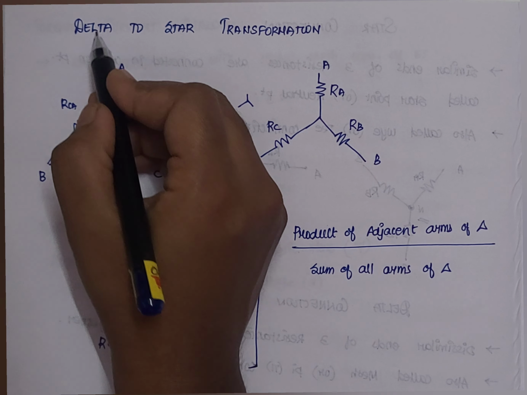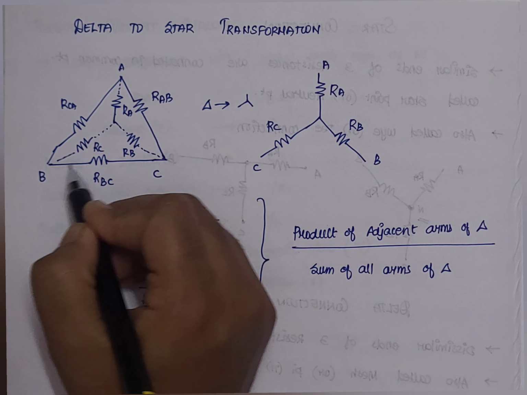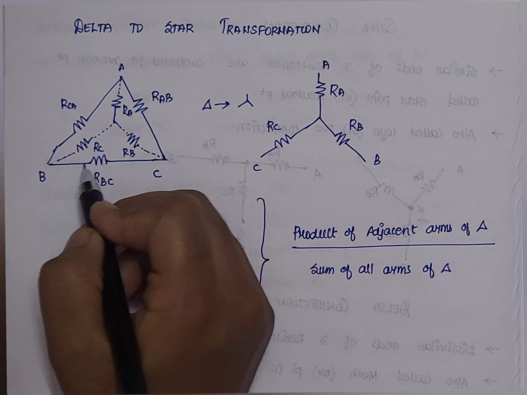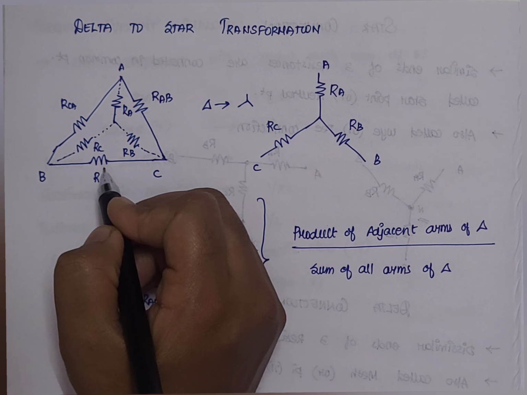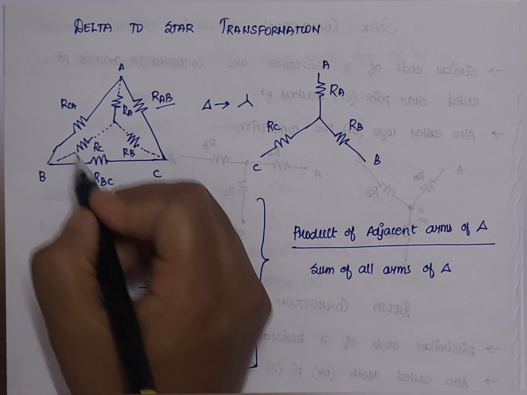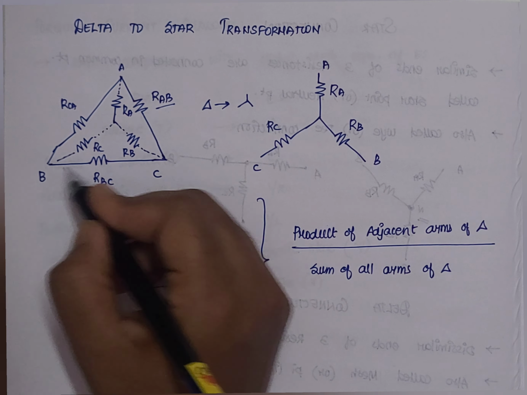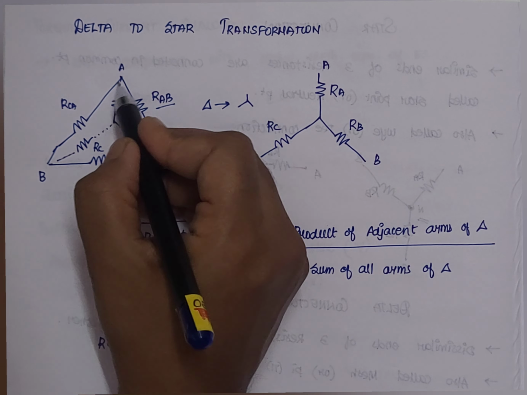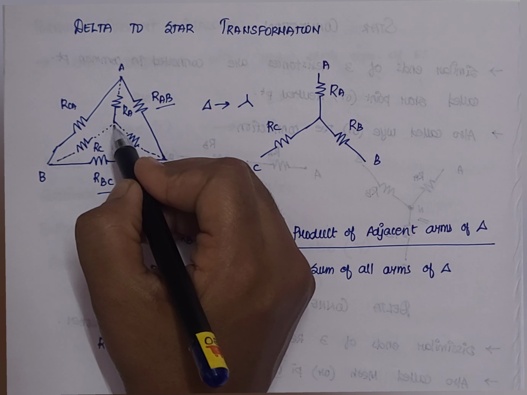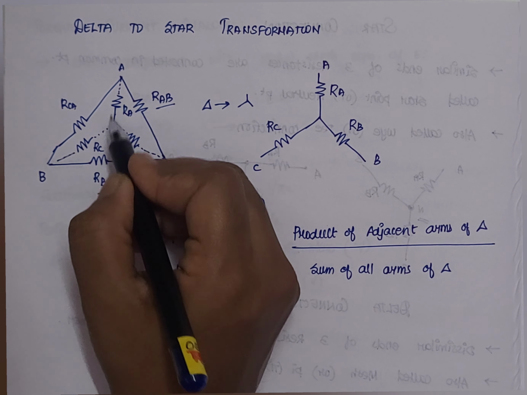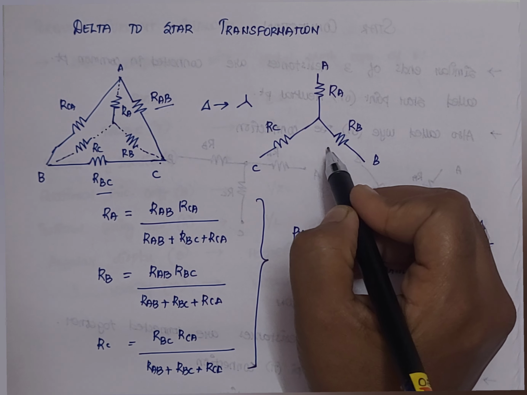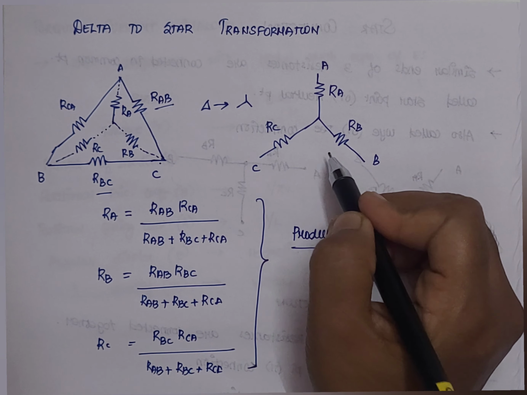Here delta means we have a triangle-like structure, and we have three resistances RAB, RBC and RCA, and the junction points are A, B and C. To convert this structure into its equivalent star, which I have drawn inside the delta, we get this structure.